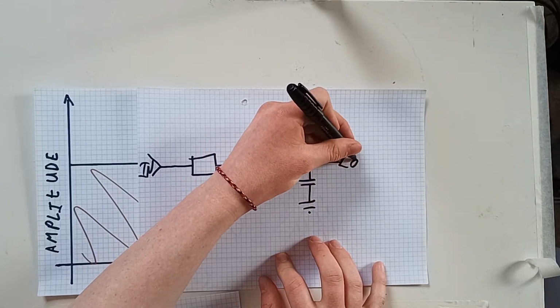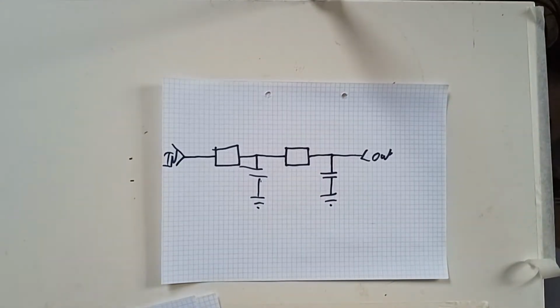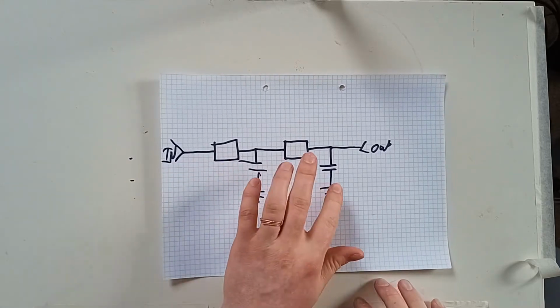And then you have your output. So that would be a second order low pass filter, which increases the cutoff slope. And again, for a high pass filter, you would flip these two components around.